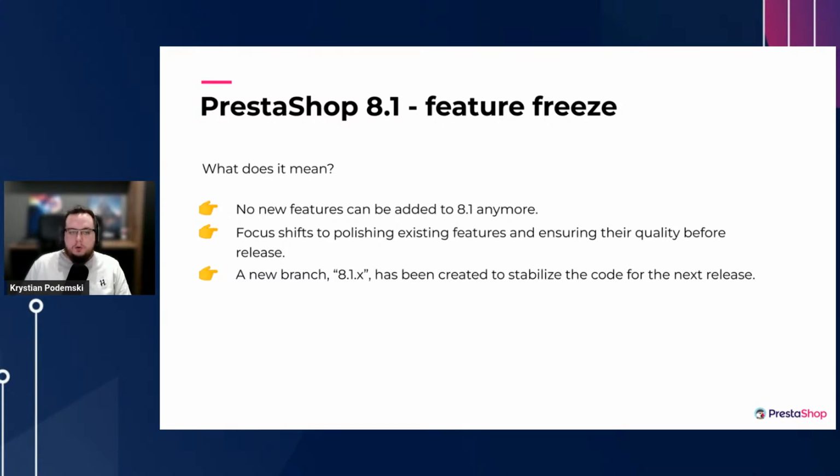And there's a huge focus now on polishing existing features, on ensuring the best quality before the beta release of the software, before the final release of the software. For that purpose, a new branch has been created named 8.1.x, which is used by all project members to work on stabilization of PrestaShop 8.1.